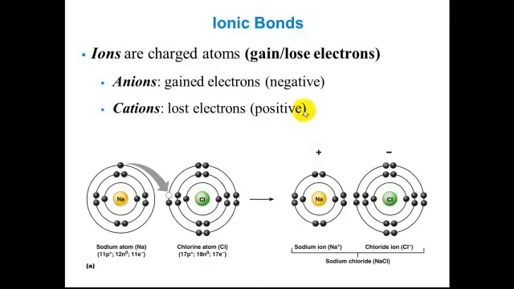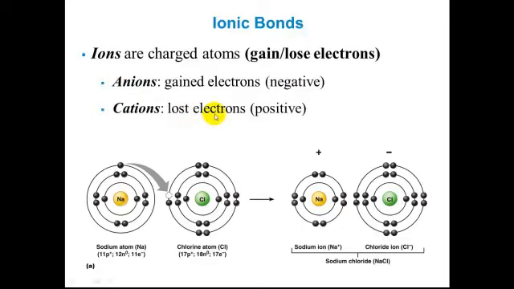We will begin looking at ionic bonds. The definition of an ion is a charged atom. What occurs is that either an electron is gained or lost. If you have the gain of an electron, you are gaining negativity. So we have what is called an anion, or a negative ion.